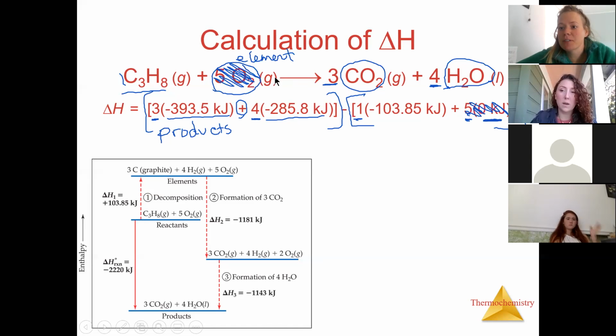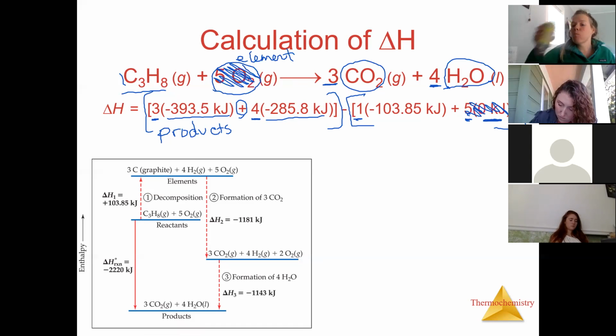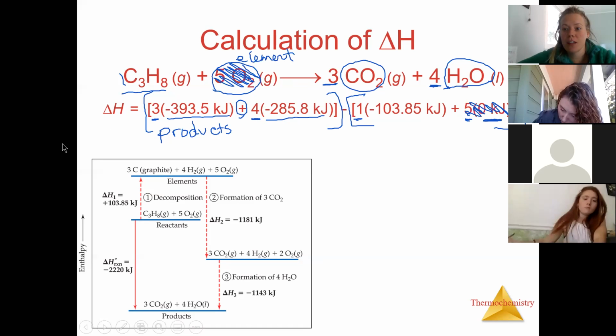It's already formed, right? So any of the elements we can consider 0. Any other questions on that setup or how this actual example is relating to that previous equation?